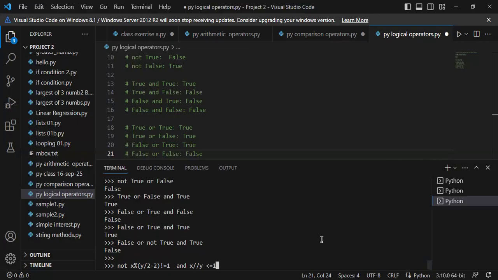What is this sign that looks like division? That is the integer division. You remember integer division? The one we call the floor operator.